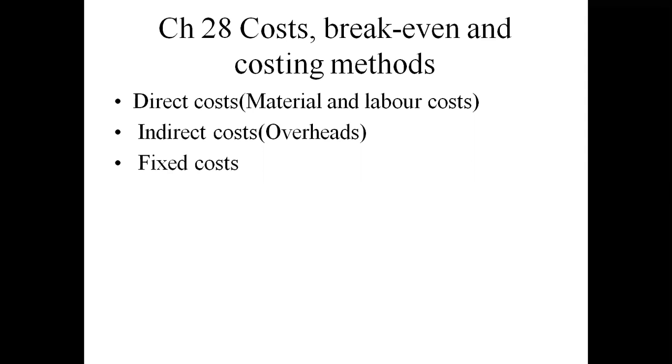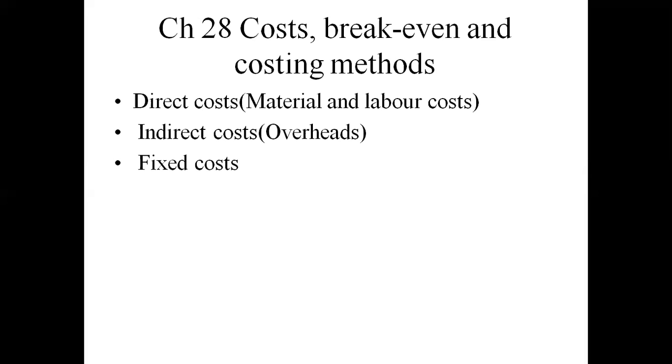Then we have fixed cost. Generally, all indirect costs are fixed costs as well. You can see that I've written along with indirect cost, overheads. Overheads are normally your expenses.